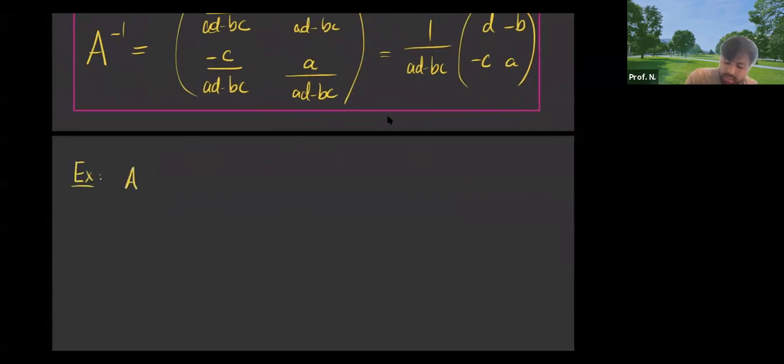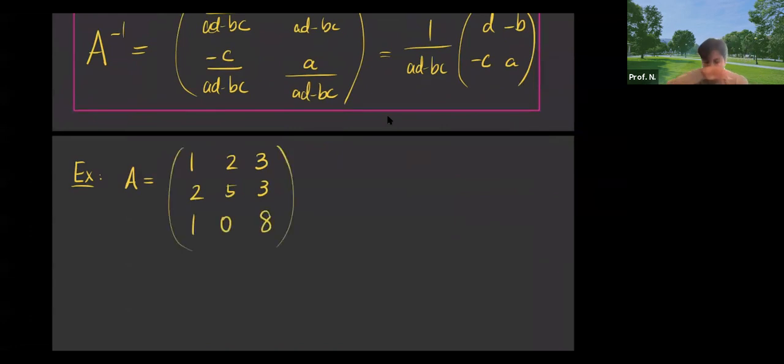Okay, so let me give you another example, but this time I think we graduated to the 3 by 3 case. So let's do one. What if I have 1, 2, 3, 2, 5, 3, 1, 0, 8, and I want to find the inverse.